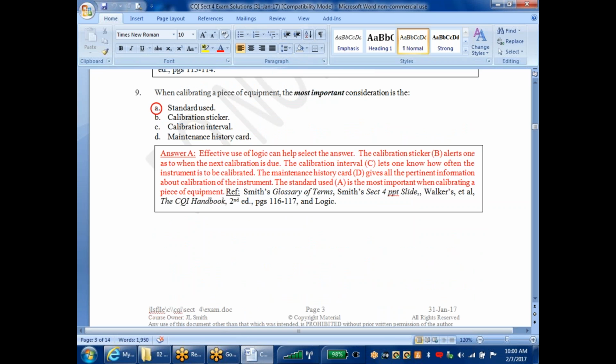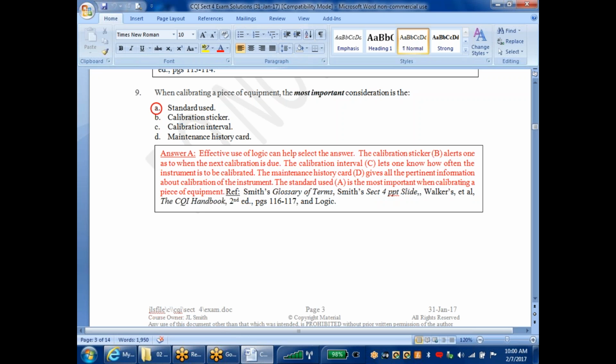Nine, when calibrating a piece of equipment, the most important consideration is... now, most important is like primary. When you see a term like most important, there could be more than one seemingly correct answer. And when I see B, C, and D, they're important to have, good to have. A calibration sticker, we know when the piece of equipment was calibrated, when it's going to be calibrated next, who calibrated it, that type of thing.